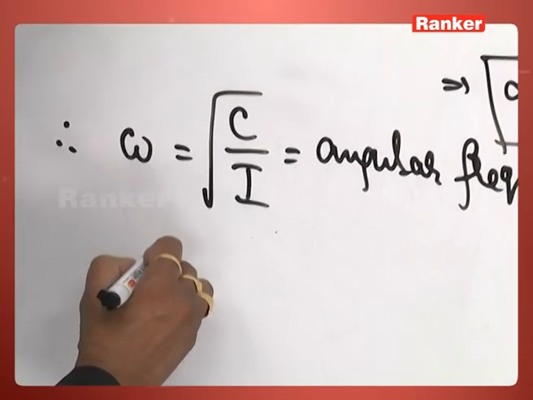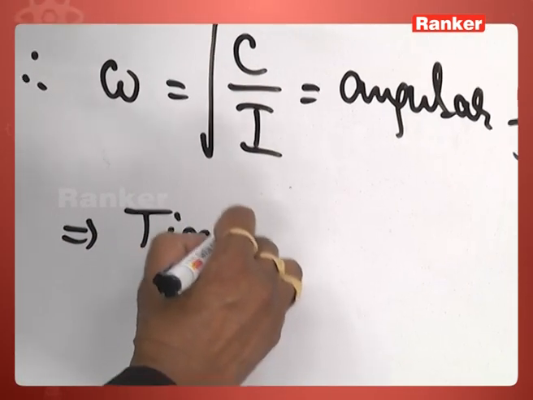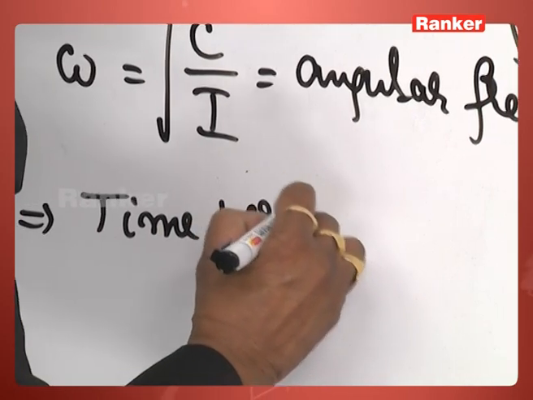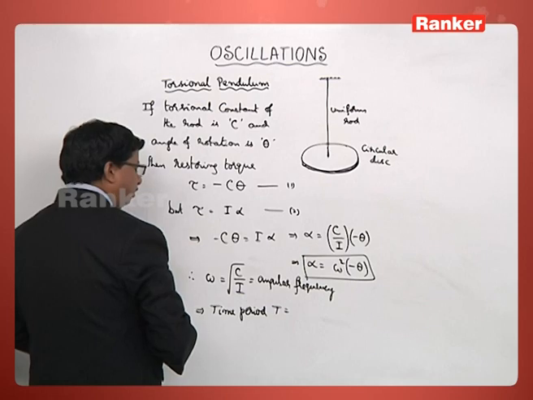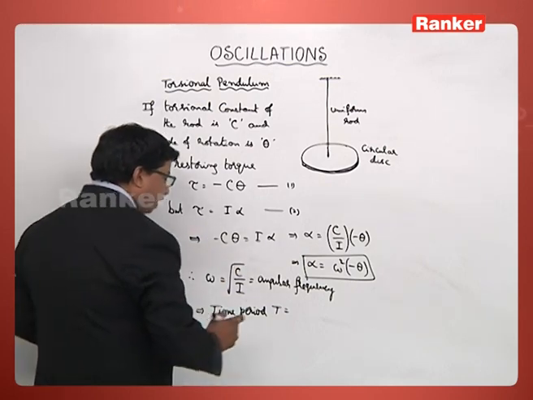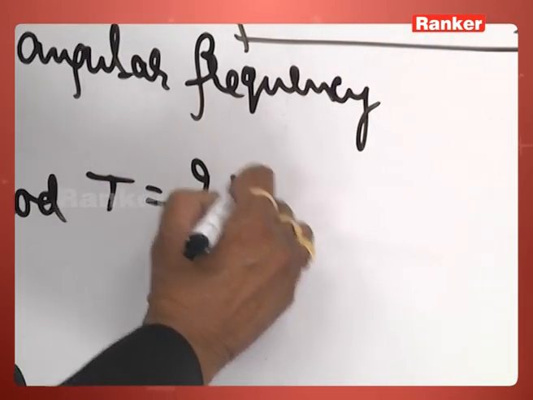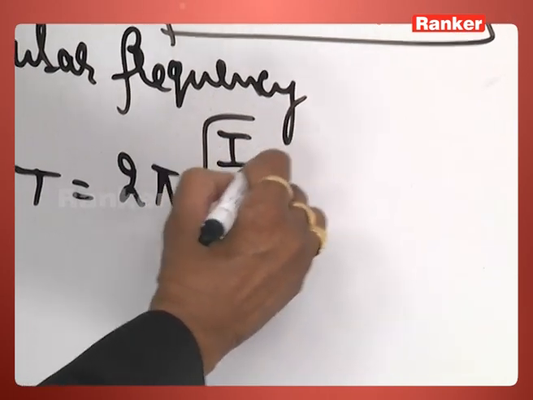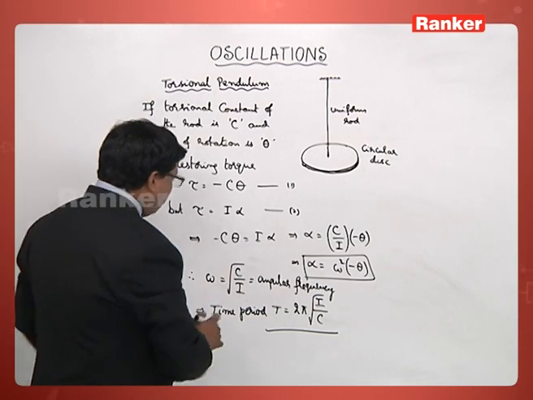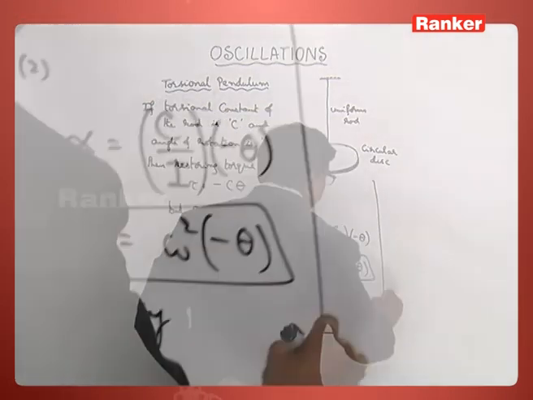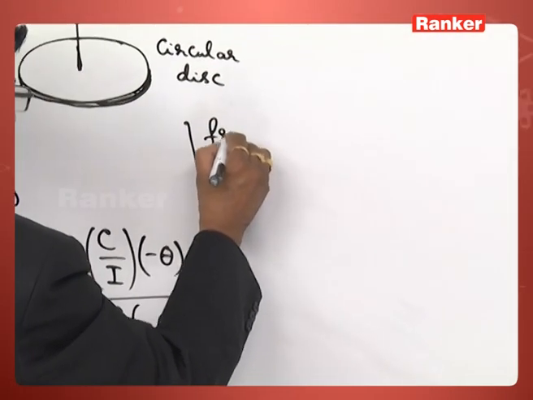And what would be the time period in this case? When we take time period T is equal to 2 pi by omega, 2 pi under root I by C we can write. And what would be the frequency thereafter?